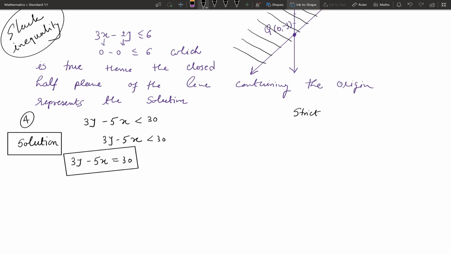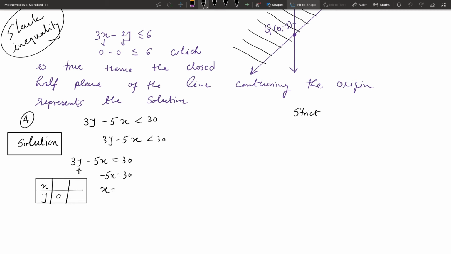Now this will represent a straight line. As usual, we take points on the axes. If we put y equal to 0, then minus 5x equal to 30, so x will be minus 6.